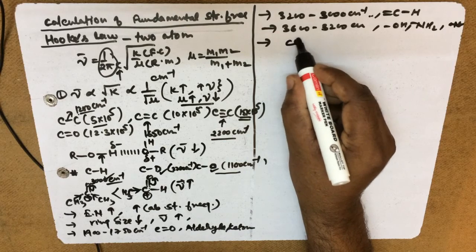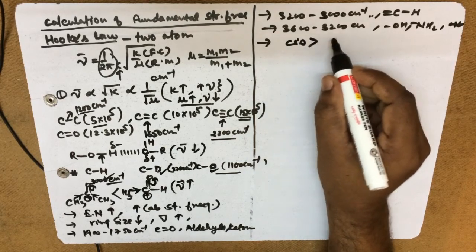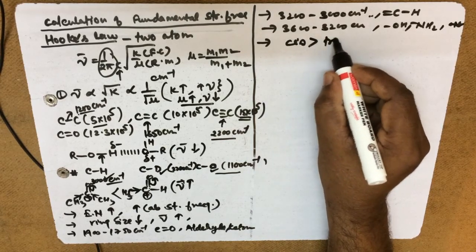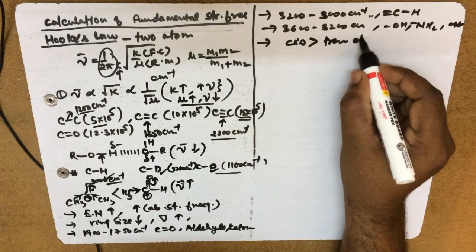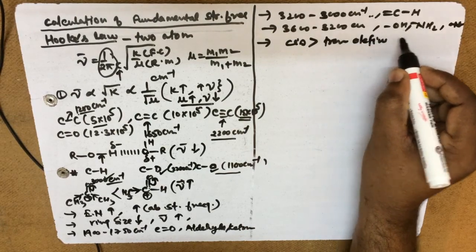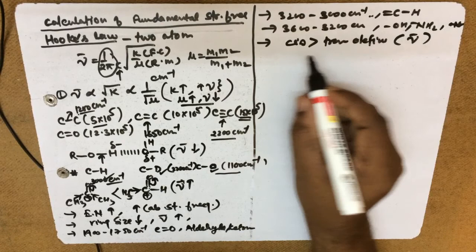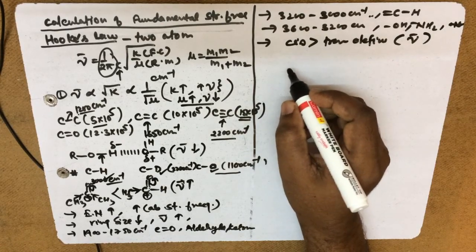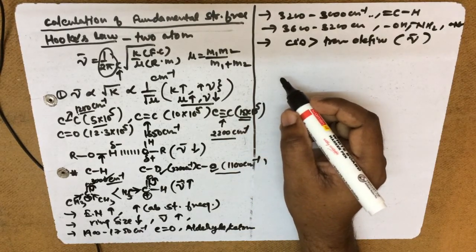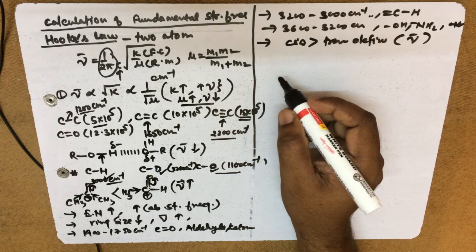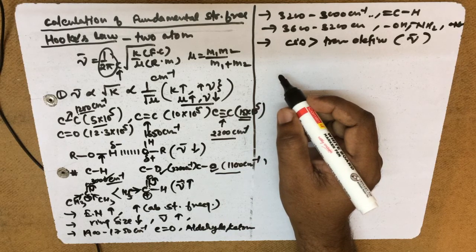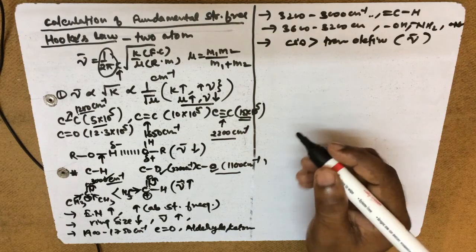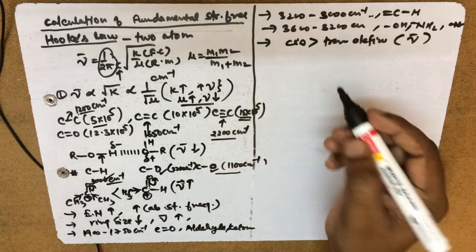So cis olefin has higher stretching frequency than trans olefin, in the stretching frequency order. And so this is all about it. Hopefully I finished, and if anything is remaining you can try yourself, okay, and read your notes also, okay.